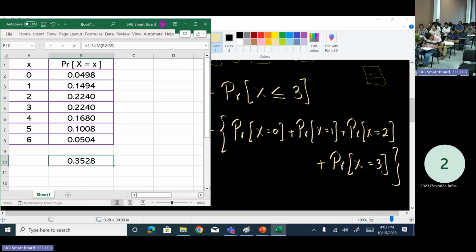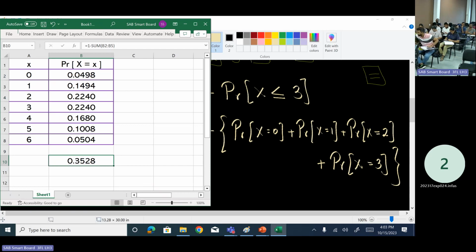Then 1 minus 6 will be... here the corresponding values are there.